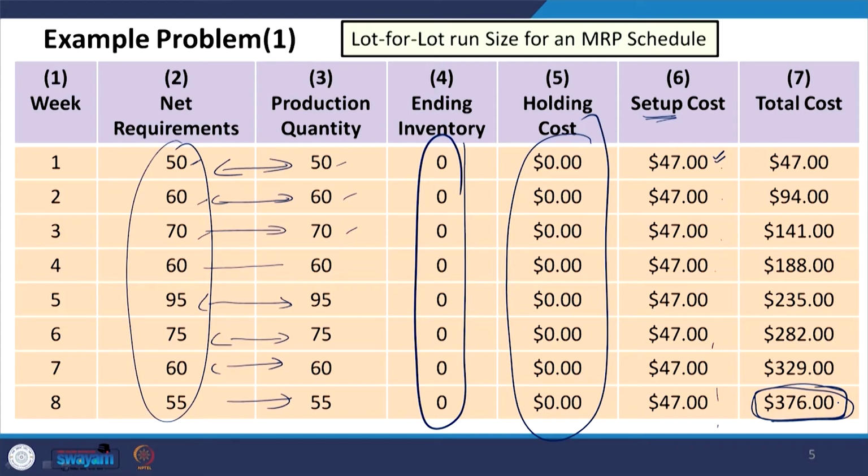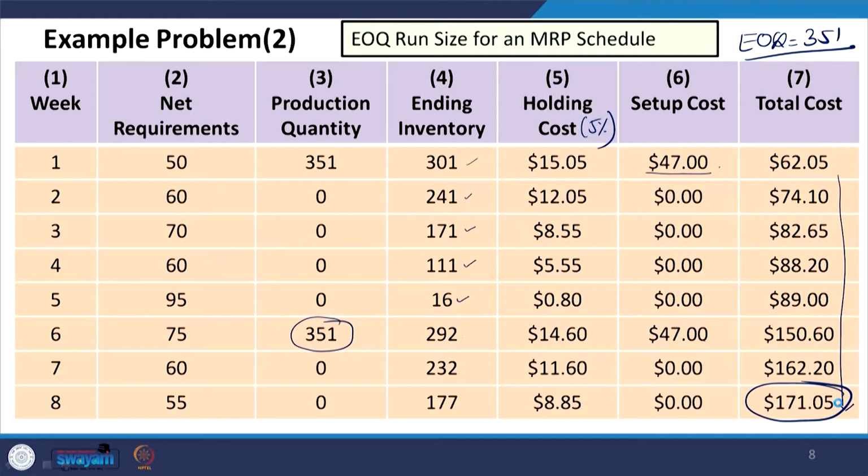Even when there was no holding cost, the LOL was giving the total cost as $376, which became 171 even when some holding is taking place. I am holding 300, 200, 171, 110, 292, 230, 177 kind of units, but the setup cost was too much in the previous case, and therefore, in the previous table the total cost of lot sizing was much higher than this cost which is now available.